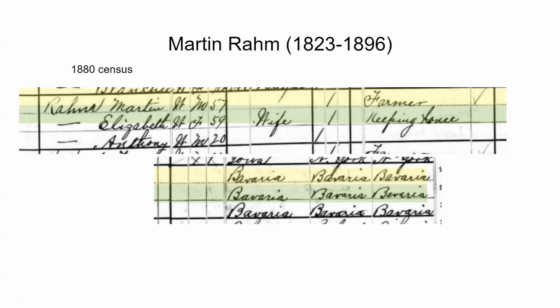Next slide, please. The other thing I did was search for immigration records, and I was able to locate a manifest record showing the ship that they arrived on. Towards the bottom, on line number 4, you'll see Martin Rahm, age 38, followed by Elizabeth and their children, Marie, Alois, Martin, Joseph, and Anton.